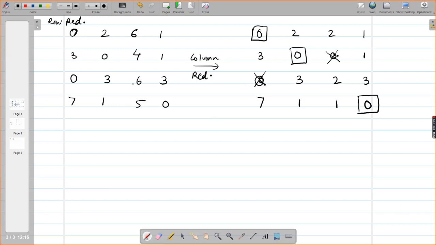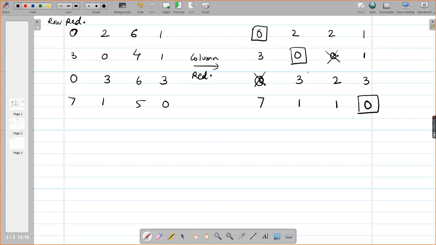Ma'am, in the second row, why did you choose M2 and not M3? You can choose M3 also, Bipashini. Any one 0 you choose randomly. Okay? Are you getting it? Yes, ma'am.